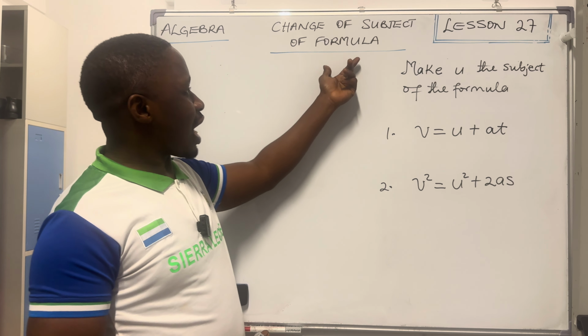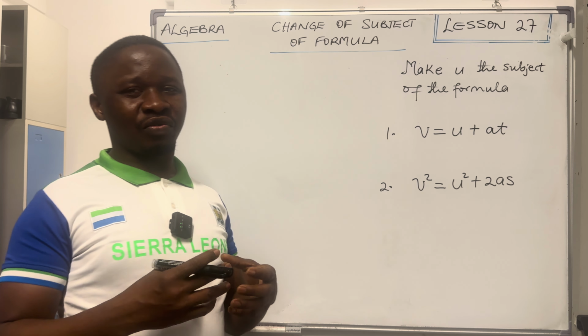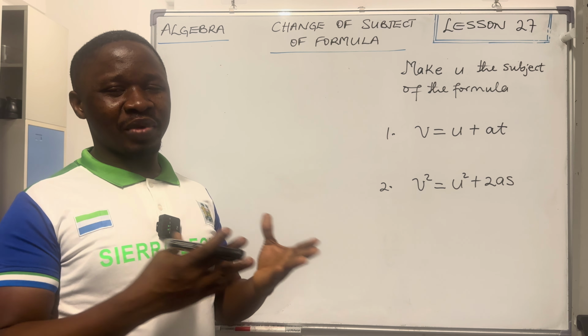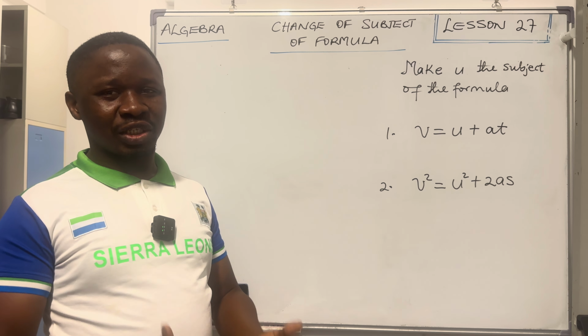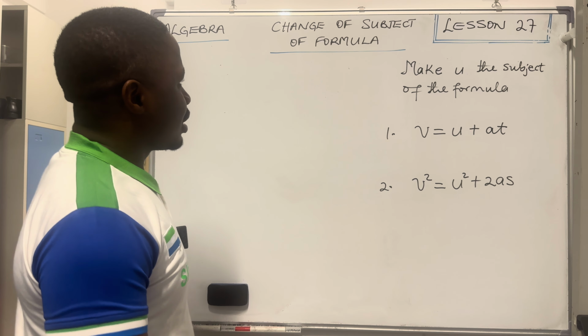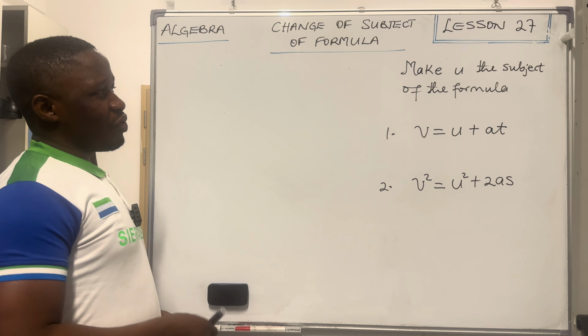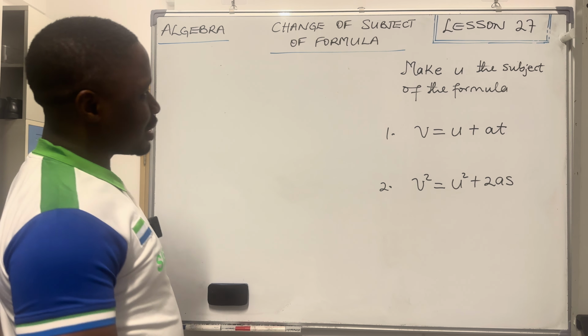Of course, I believe you know what is meant by formula. We can say formula, we can say equation, we can say relation. Now let's use one of the most popular formulas we have for basic math.